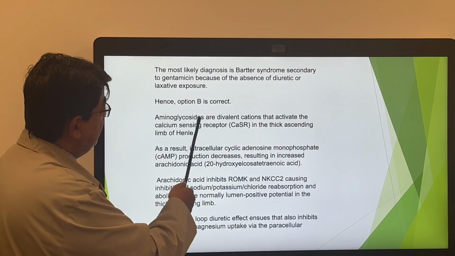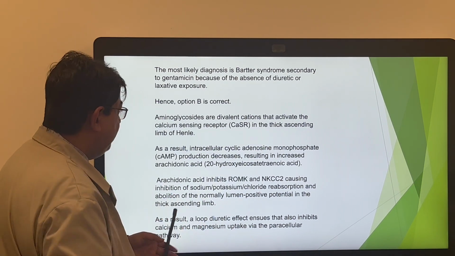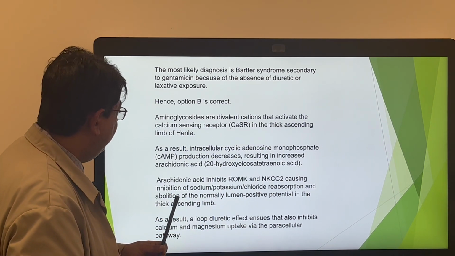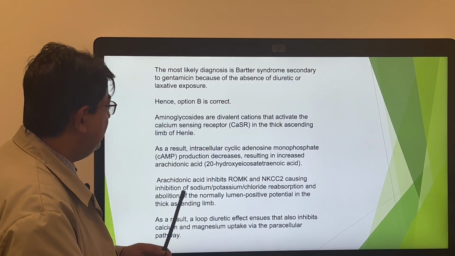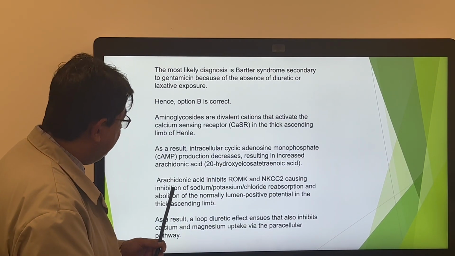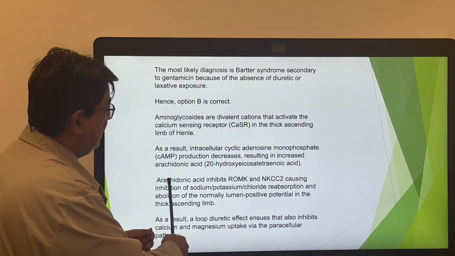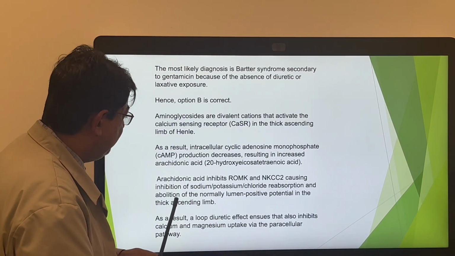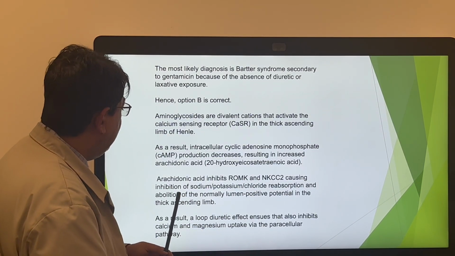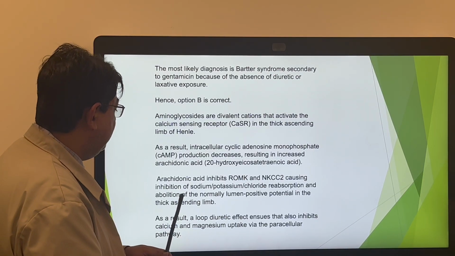Aminoglycosides are divalent cations that activate the calcium sensing receptor in the thick ascending limb of the loop of Henle. As a result, intracellular cyclic adenosine monophosphate production decreases, resulting in increased arachidonic acid. Arachidonic acid inhibits ROMK and NKCC2, causing inhibition of sodium potassium chloride reabsorption and abolition of the normal lumen positive potential in the thick ascending limb.